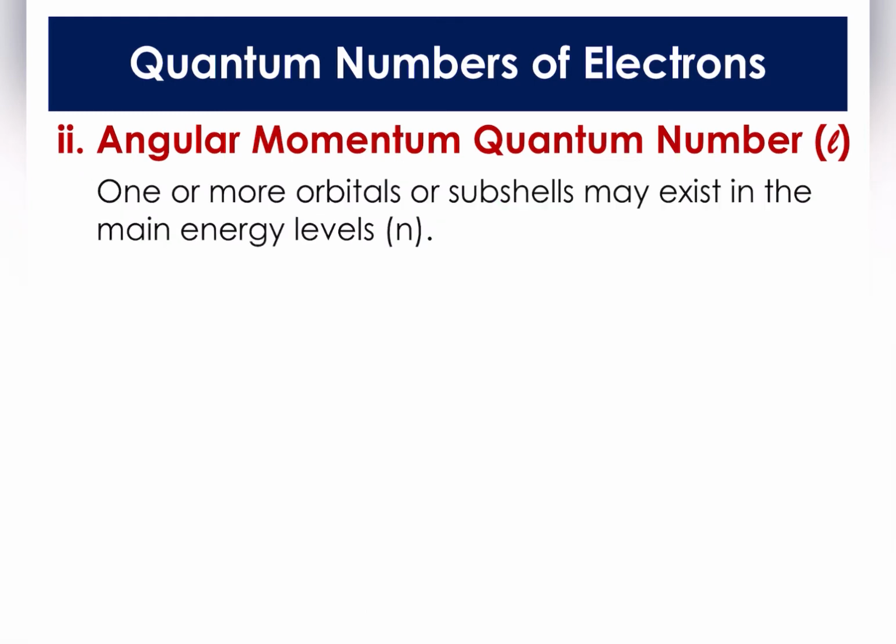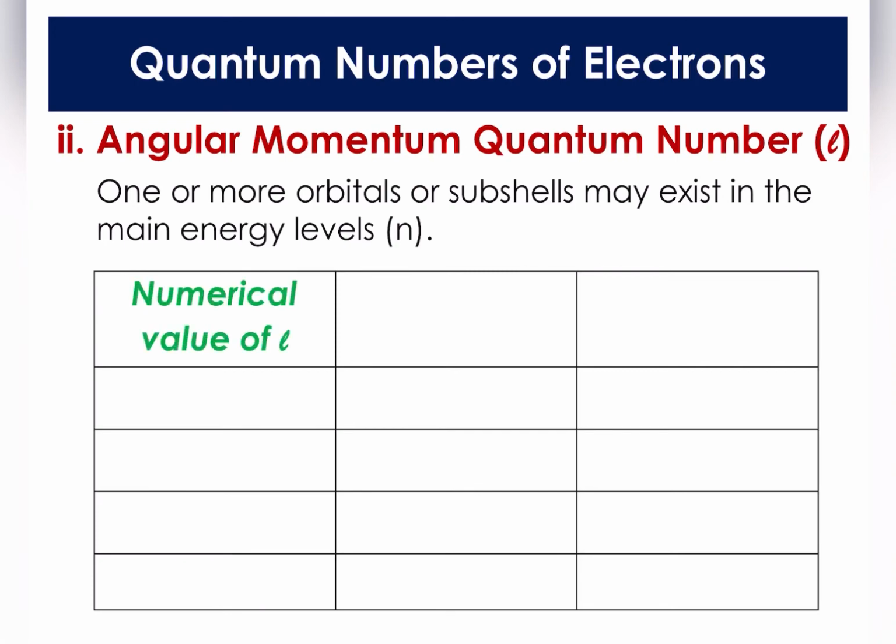Next one, you have to know that in different energy level, awak akan jumpa one or more orbitals ataupun subshells dalam same energy level. So for example, I have here numerical value for L, I have symbol for the orbital, then I have orbital shape.